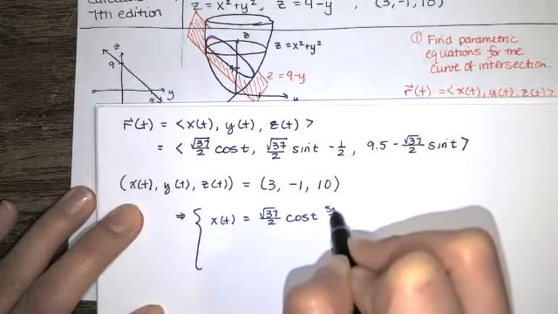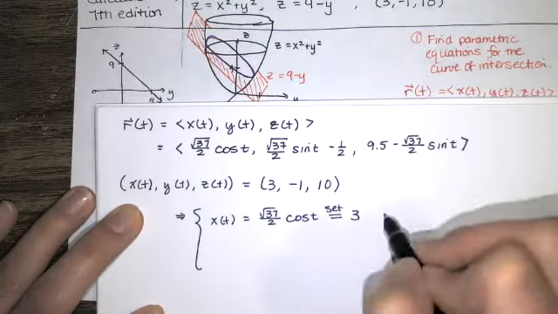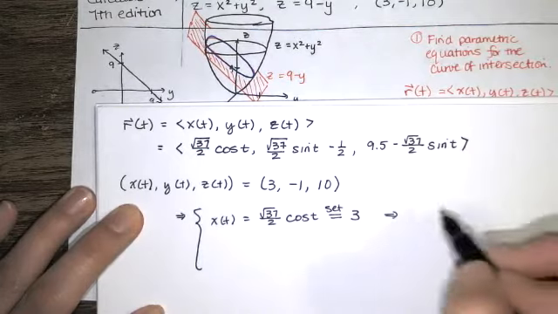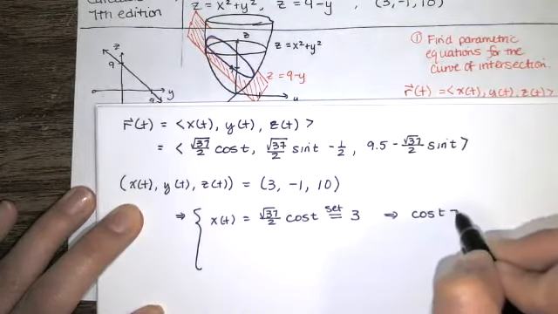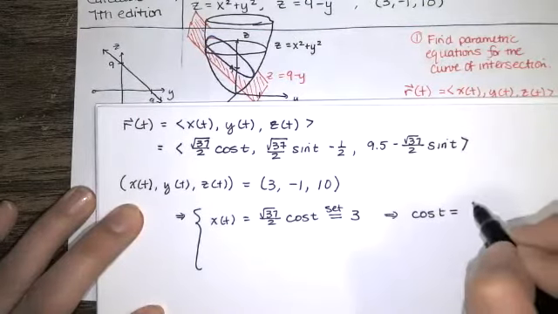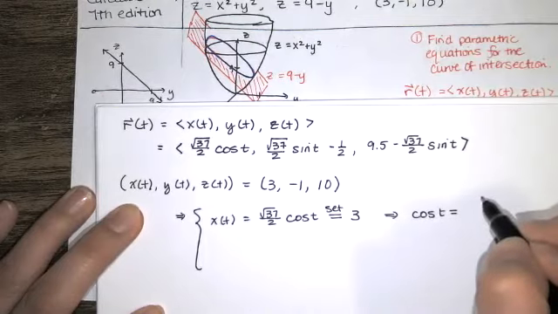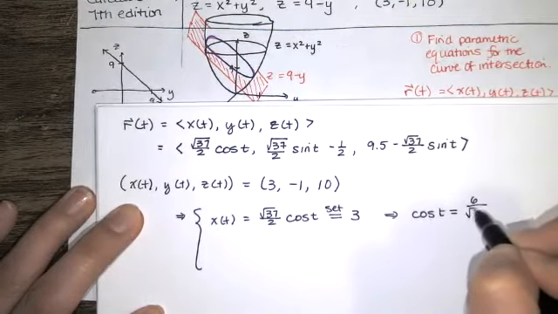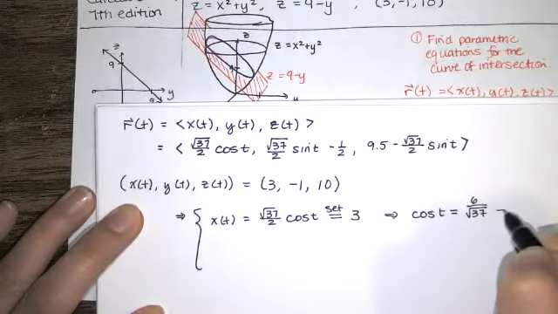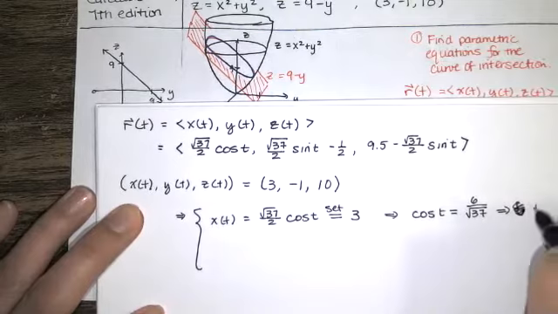We're going to set that equal to 3 and solve for t. And so we'll have cosine of t equals this times the reciprocal of this. So we'll have 3 over 1 times 2 over the square root of 37. So we'll have 6 over the square root of 37. So t is the inverse cosine of that number.